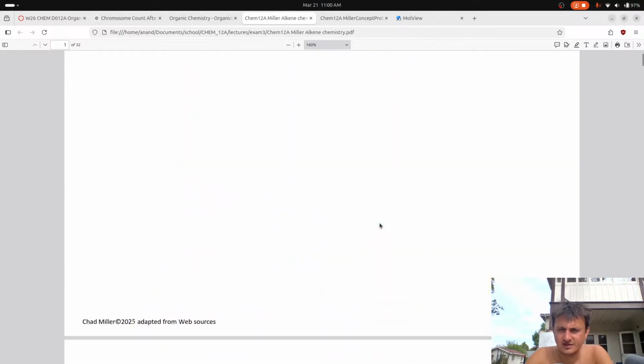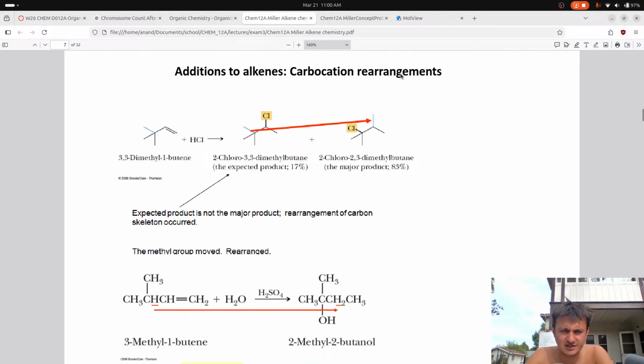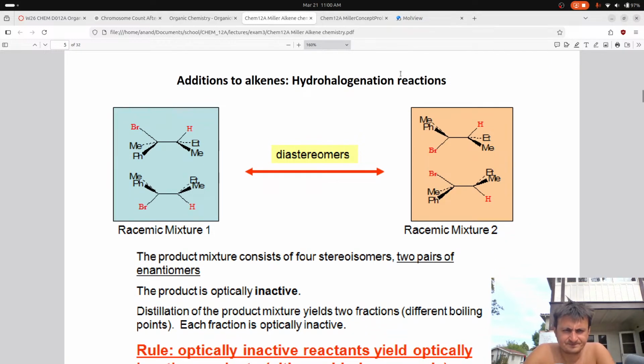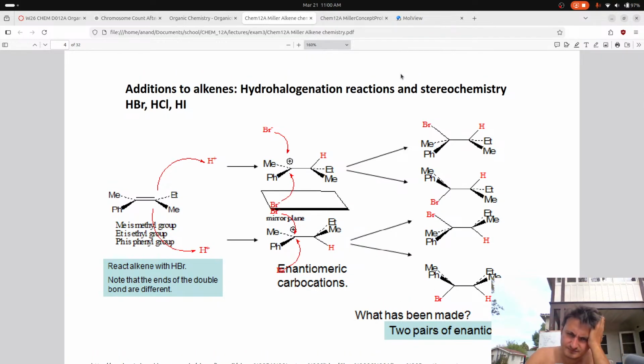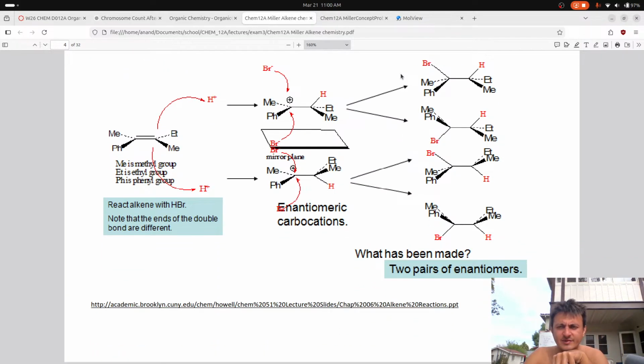Isn't there a picture that has the... this is just halogenation. Okay, well, it's not that important.